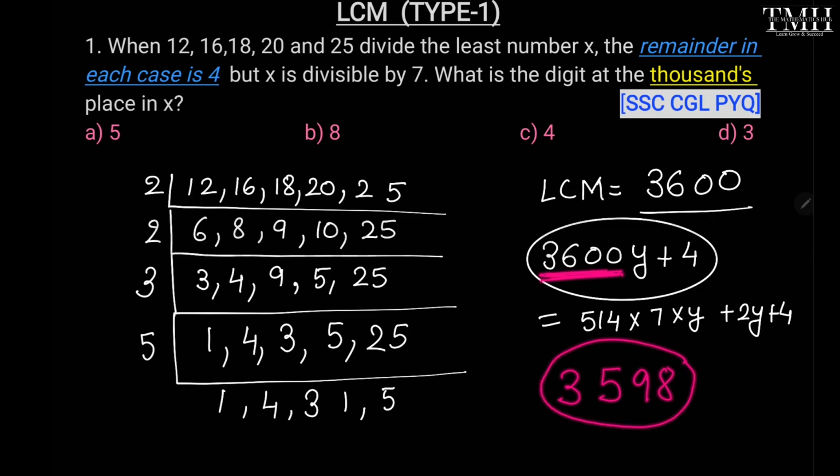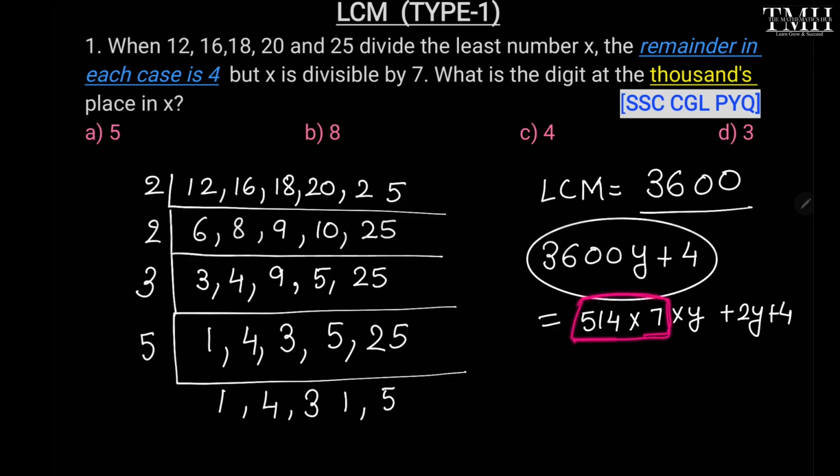So we will write it as 3598y plus 2y. Now 3598y means what? 514 into 7, and we will copy down the variable y as it is. So this number is broken in the form of 3598y plus 2y plus 4 as it is.